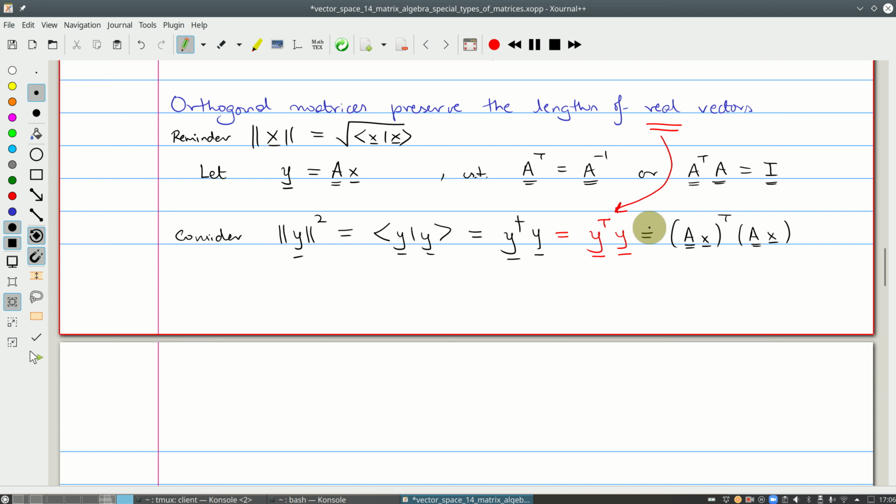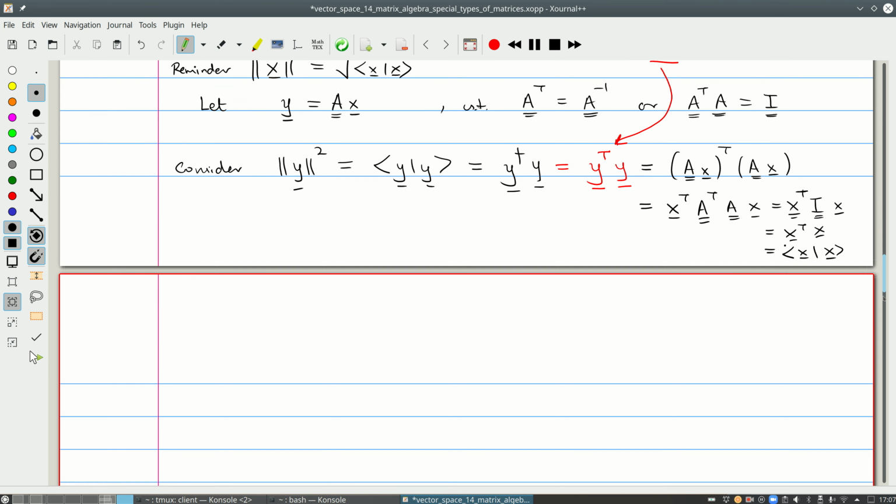If you have the transpose of A times B, it's equal to the transpose of B times the transpose of A. So this then is equal to the transpose of x times the transpose of A, and then we have A x, but the transpose of A times A is the identity, so that's equal to x transpose the identity x, and that's equal to x transpose x, which is the inner product of x with itself.